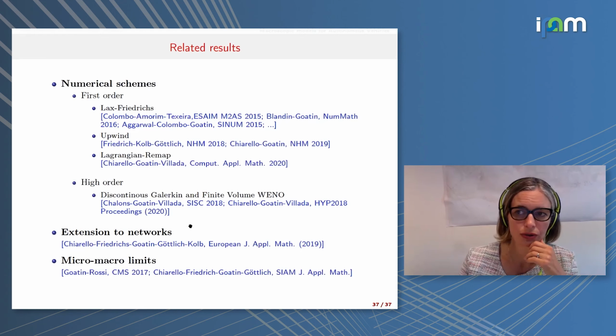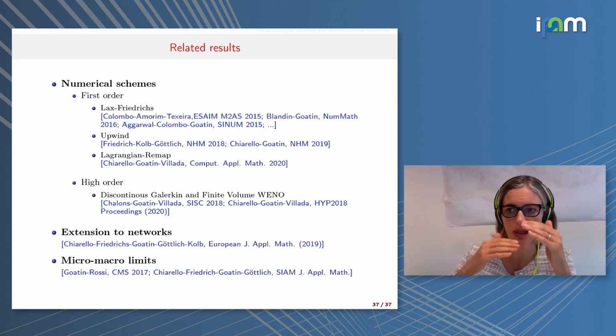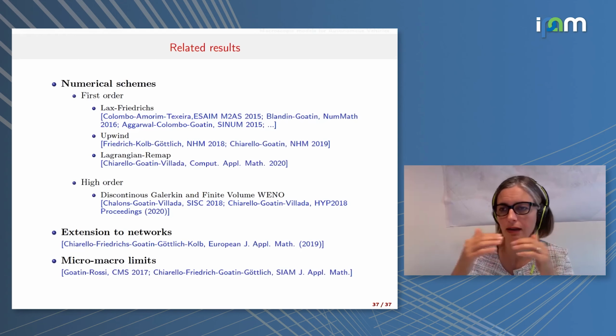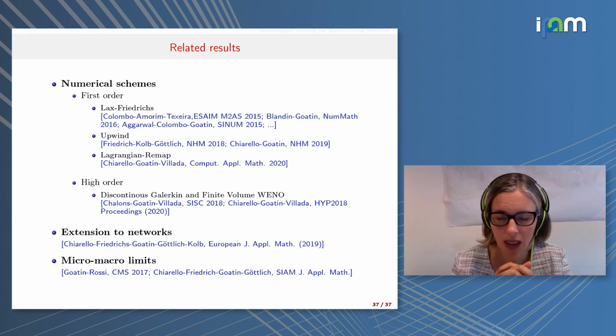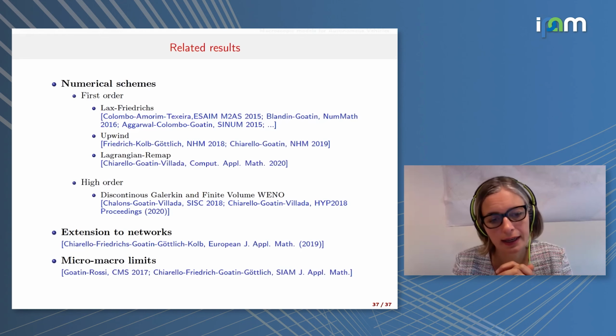As I told you, this type of non-local model also has some extensions to networks. These are first steps in the extension to networks, because it's not obvious how to deal with changes at the junctions. And they can also be justified as micro limits.